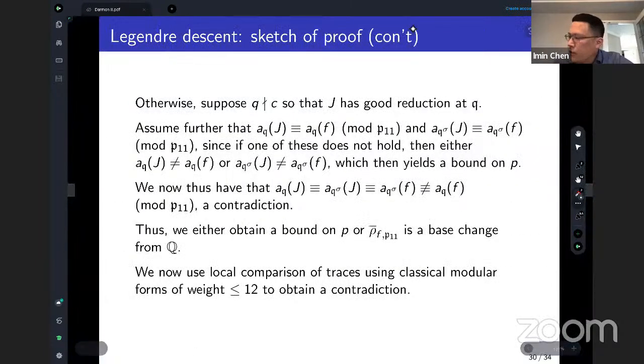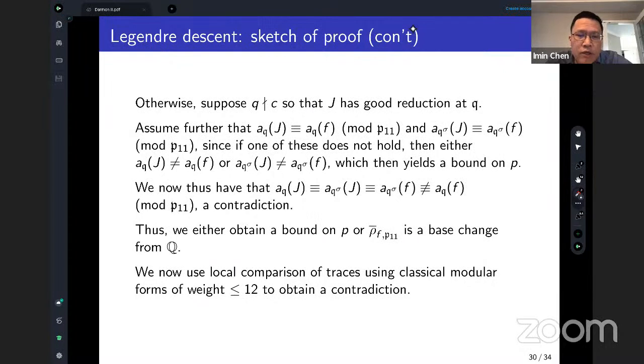So we can now assume that J has good reduction at Q. Putting together all of these conditions, we either get a bound on the exponent P, or the mod 11 representation on F is a base change from Q.